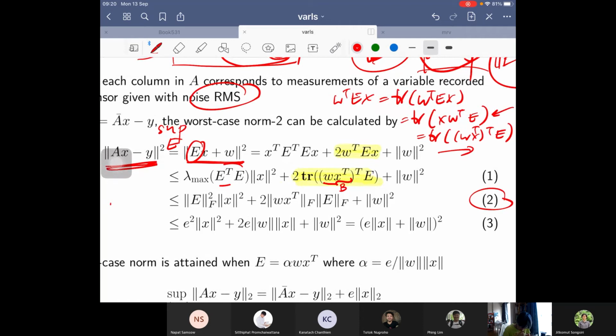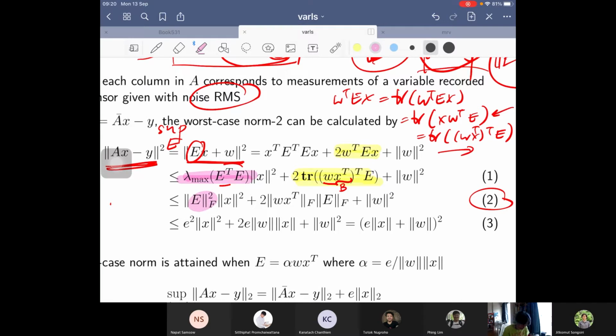Next, for the second inequality, I use the fact that the lambda max of E transpose E is bounded by the Frobenius norm of E. It is not difficult to see.